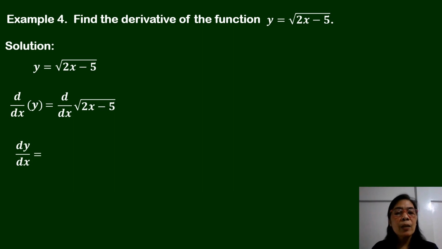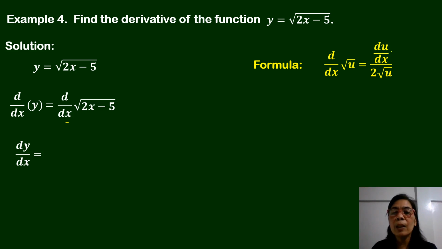On the right side, we have the derivative of the function following the derivative, which is the square root of 2x minus 5. Again, as we look at our list of differentiation formulas, the derivative of the square root of 2x minus 5 follows our derivative of radical, where the derivative of the square root of u is equal to the derivative of the radicand all over twice the radical.